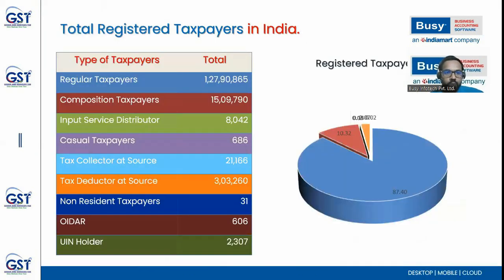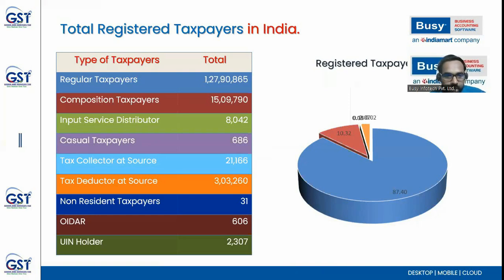So you all know that in India, the total registered taxpayers count was 1 crore 27 lakhs 90,860. Regular taxpayers was 1 crore 27 lakh 90,865. Composition taxpayers was 15 lakh 9,790. ISD, input service distributor, will have 8,042.